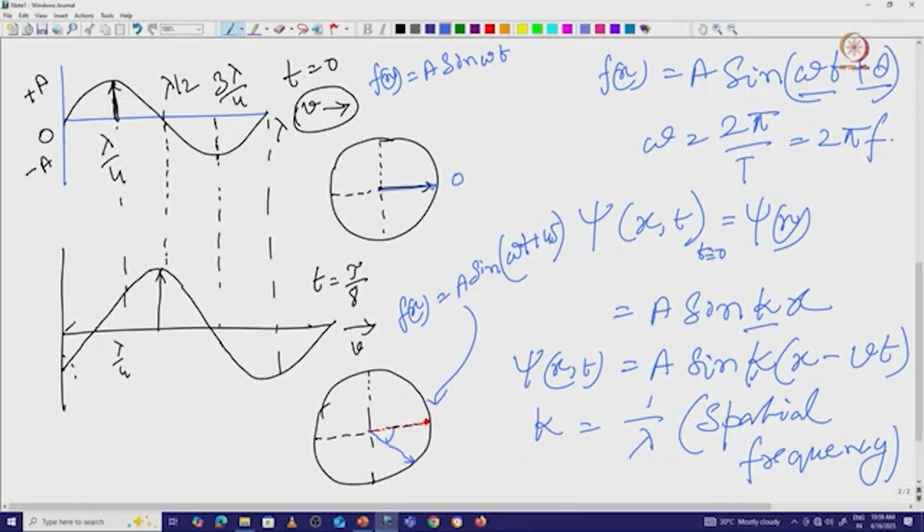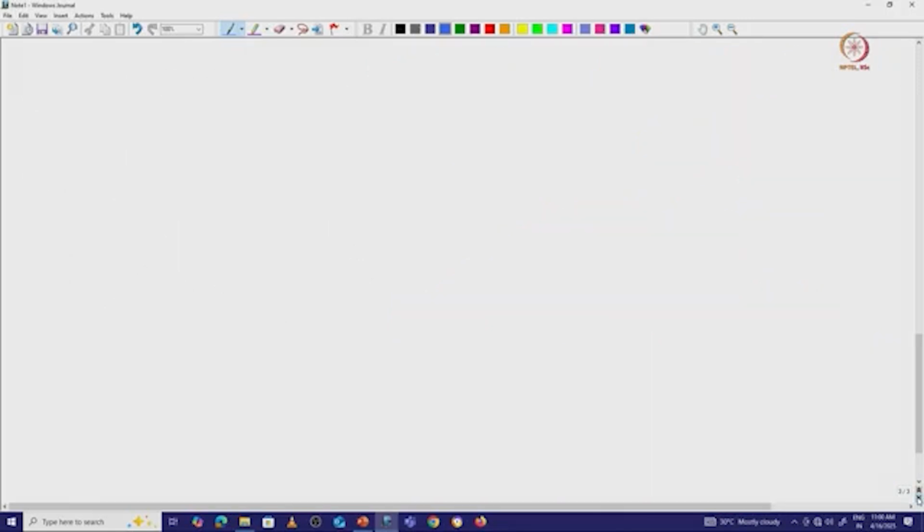Okay, now if we go further, what will happen? Let's take a look. The next one. I'll draw the previous one here, it will help us. The previous one is this one.